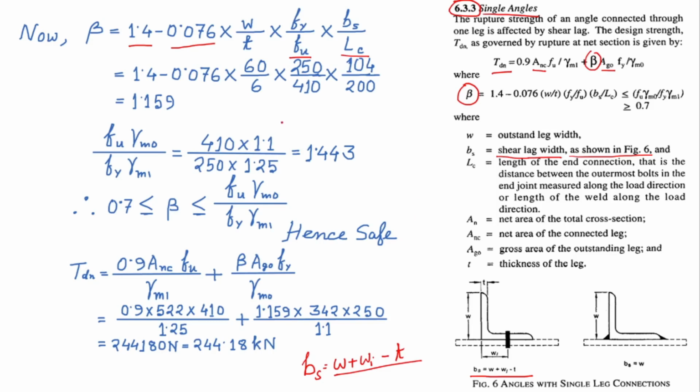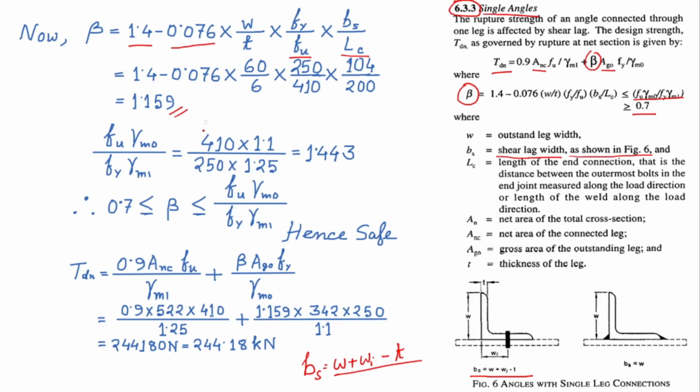So if I put the values, then finally we will get the value of beta as 1.159. Also remember, the value of beta should be greater than or equal to 0.7 and less than or equal to this. Okay, so Fu by gamma m naught divided by Fy by gamma m1 we have calculated.